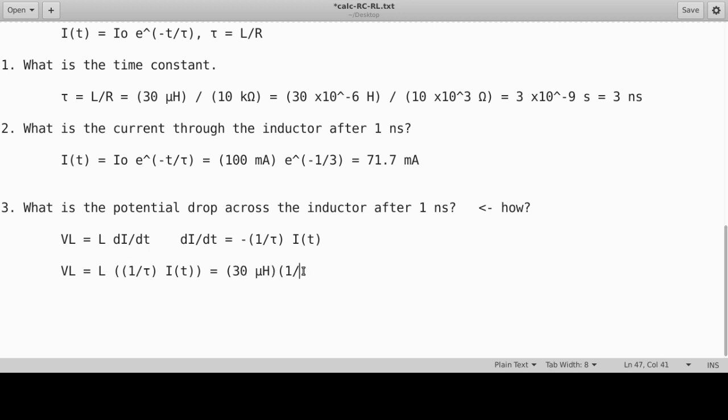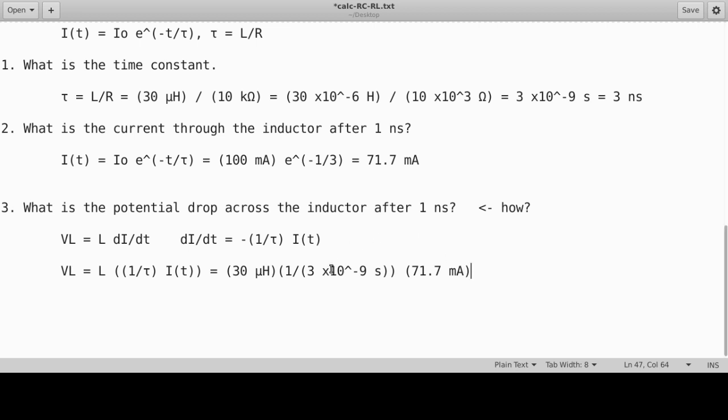There's the 1 over tau. It's 1 divided by 3 nanoseconds. Okay. Or sorry, no. 3 times 10 to the minus 9. Okay. Seconds. So there we go. All right. And I is going to be this, like that.